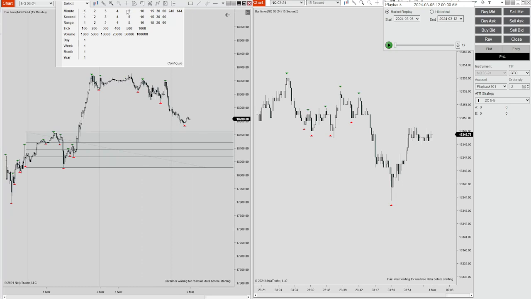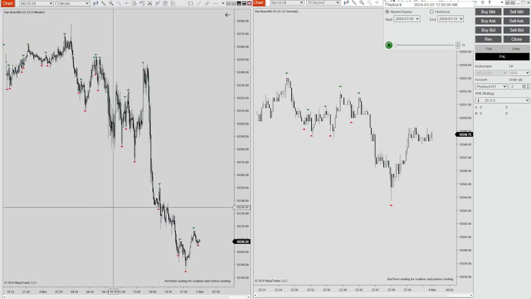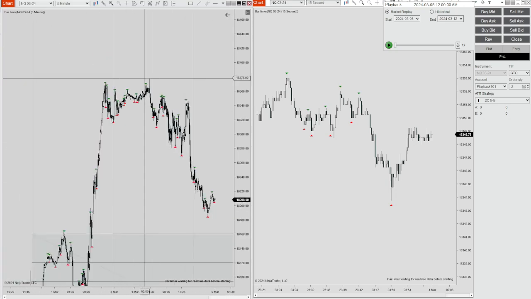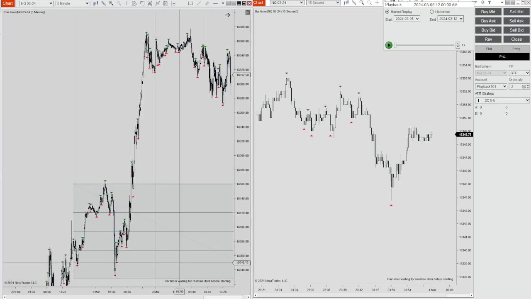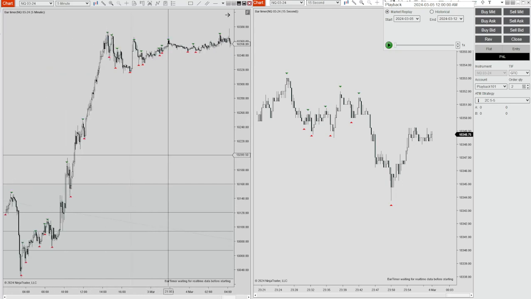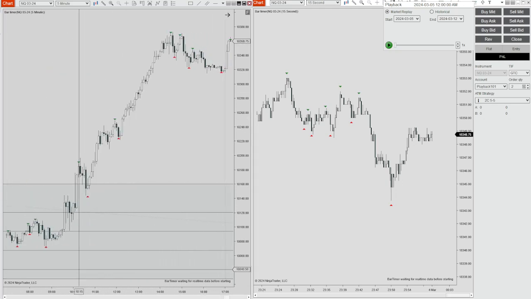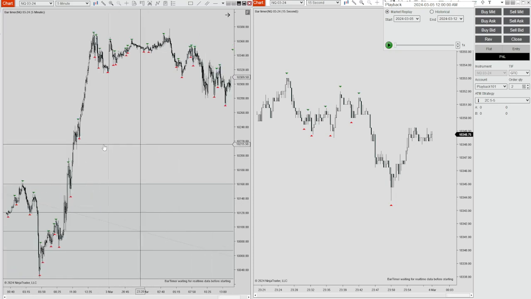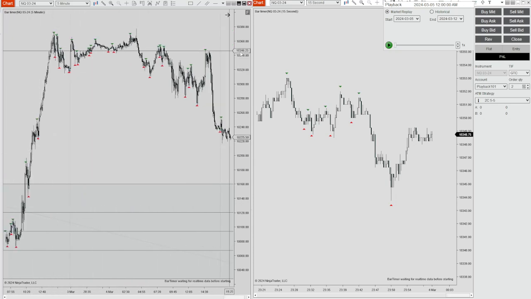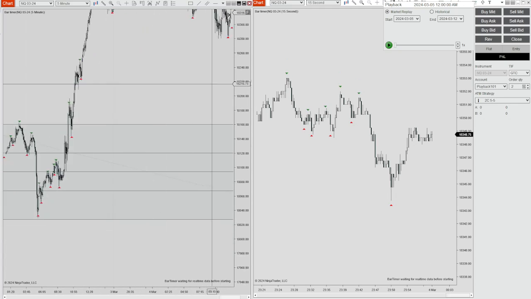Okay, so let's go to the 5 minute quickly. Right, so lower time frame, market structure is pretty much down, at least internal structure. We do have a little 5 minute swing here. So if you count that as structure, we kind of broke 5 minute structure down, but I wouldn't put too much weight on that.